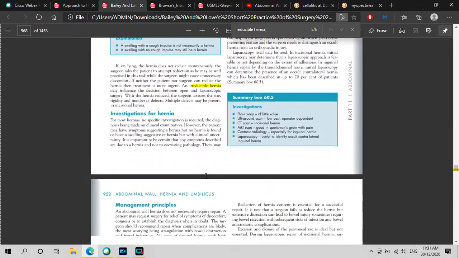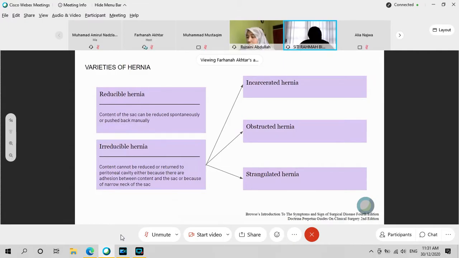Continue. Okay, so incarcerated hernia is a hernia which cannot be reduced because the content of the hernia adheres to the sac of the hernia, and there is no obstruction or compromised supply. Where did you read this?